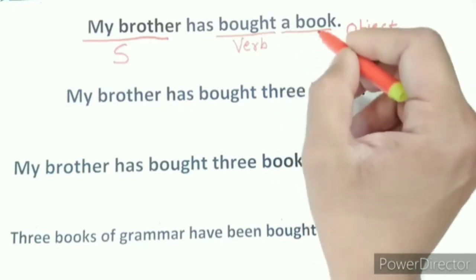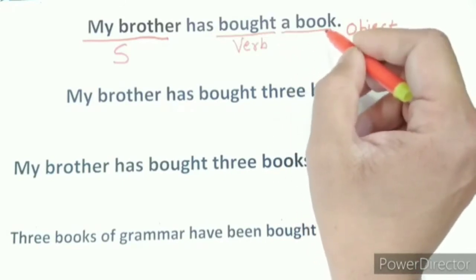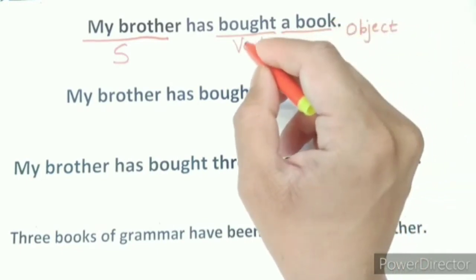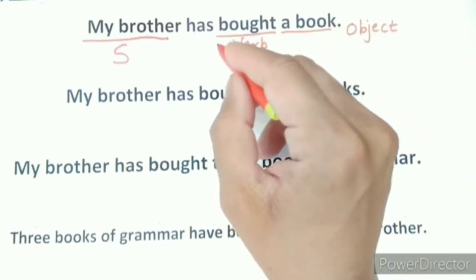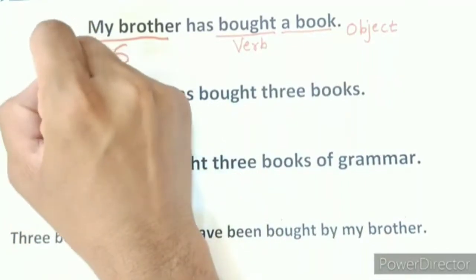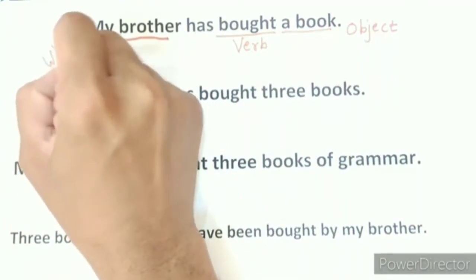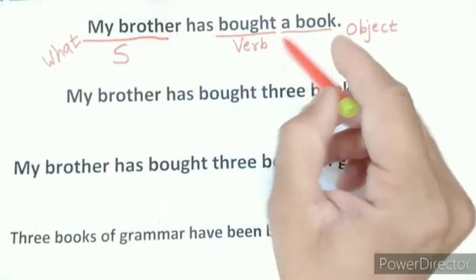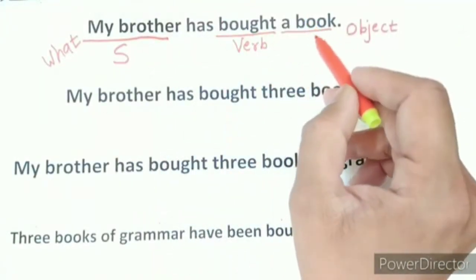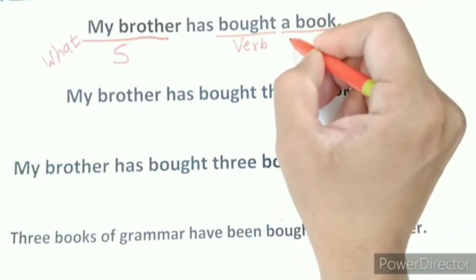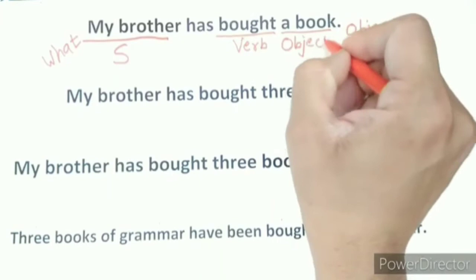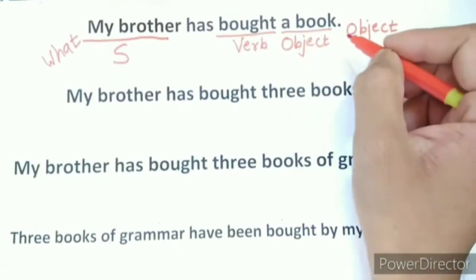The simple way to find out the object from the given sentence is that you just ask a question with the WH word, what? What has my brother bought? The answer is a book. So this is how the object from the given sentence is identified.